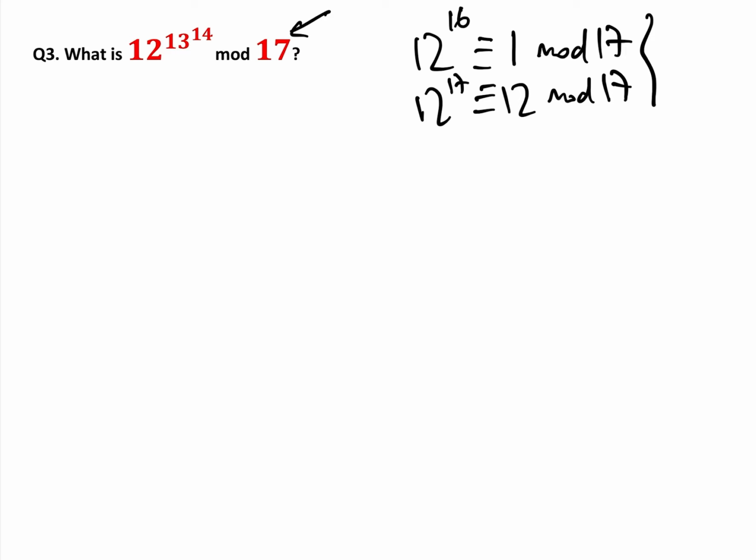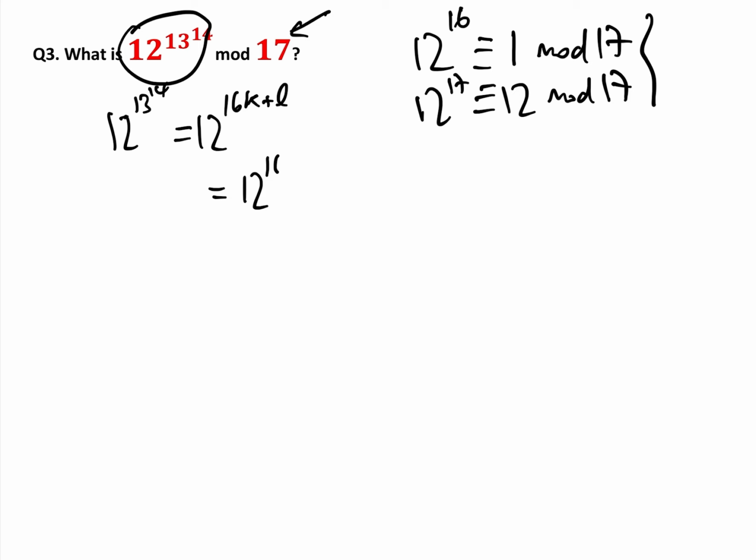So what we want to do is, if we could get this thing here, 12 to the power of 13 to the power of 14, into the form 12 to the 16k plus L, then we could say that's 12 to the 16k times 12 to the L, and that is the same as 1 times 12 to the L, because of Fermat's little theorem.